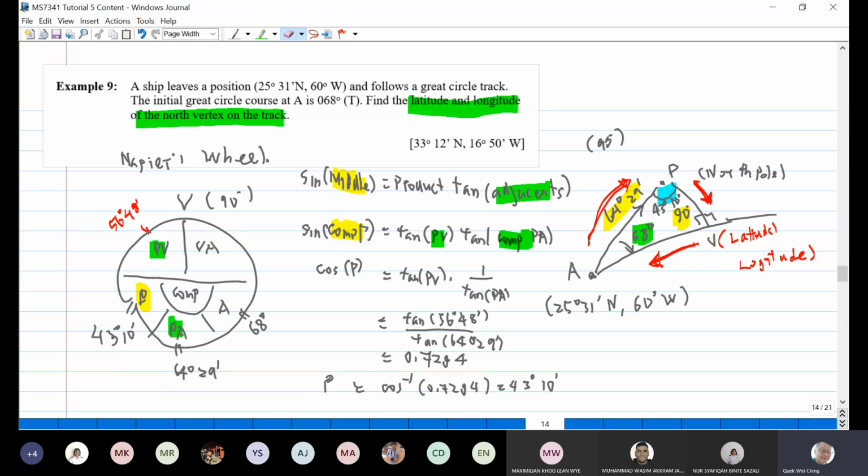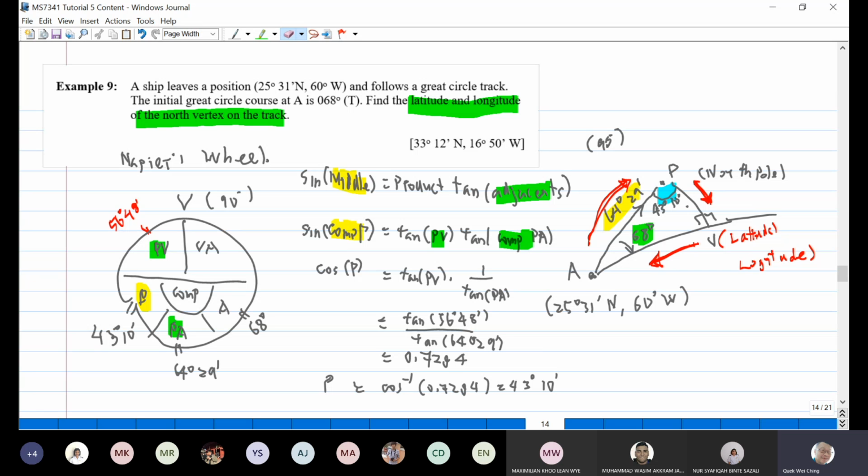Let me erase the 90 degrees here. What is the significance of this angle P? You know that the ship is actually going toward the east.